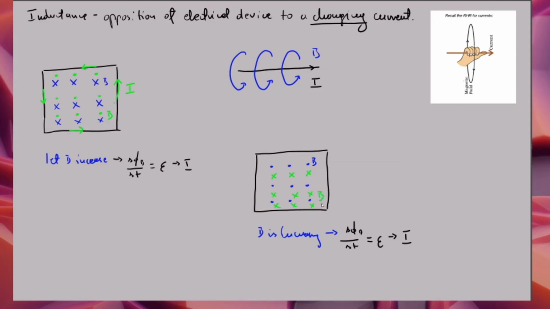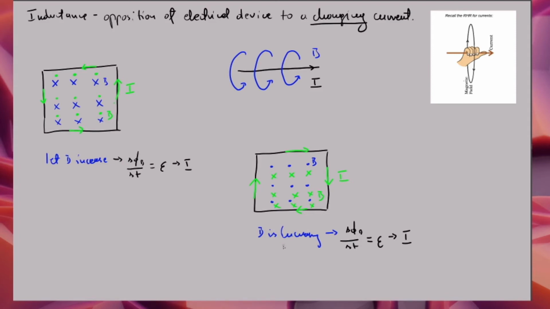So the green field, that's the field set up by the current. And the only way that this green field can point into the page is if the current flows in this direction. So this is the direction of the current in the loop. Right, so it would be like this and like this. All right, so the right hand rule and Lenz's law combined.